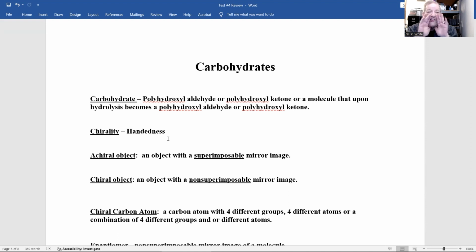Now, here's a secret. If you see left or right in the name of an object, immediately you know it's chiral. If you don't, you've got to do the mirror image test.